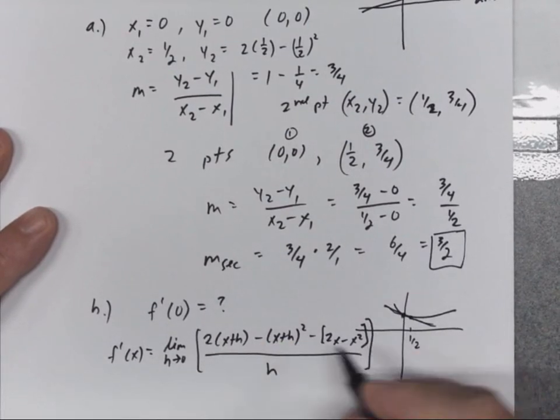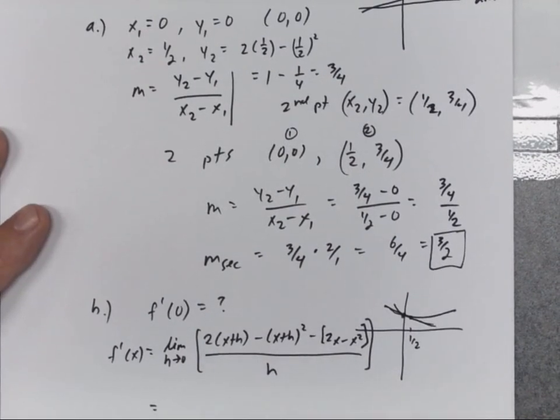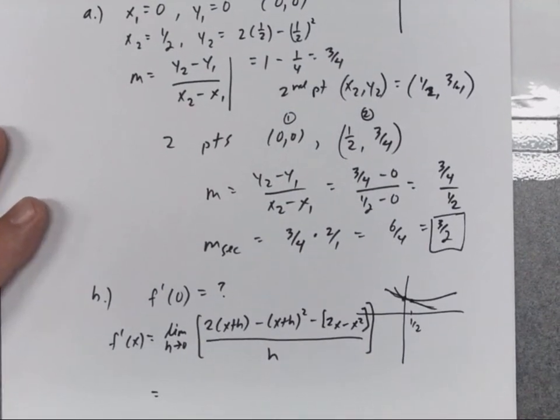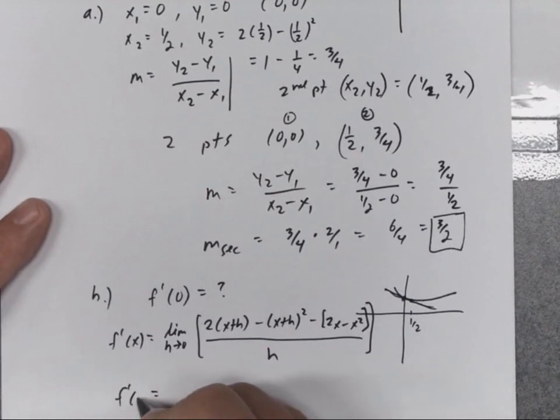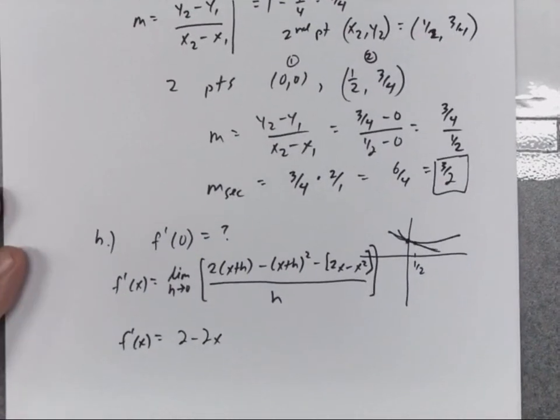Now, just to save time, because this is a bunch of tedious work, I'm going to just skip ahead and say that when you do all the math, there's the equation for the derivative.